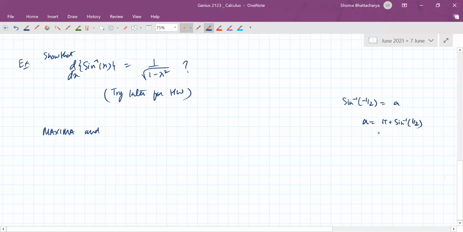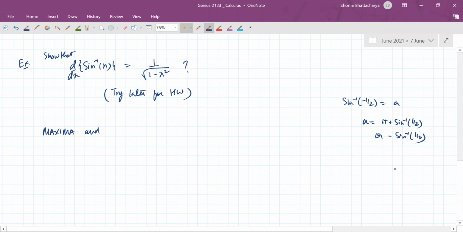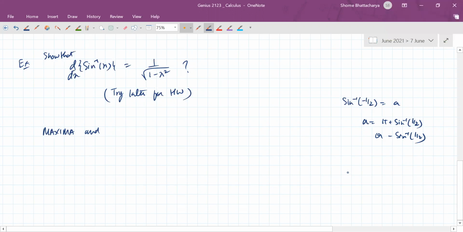Or if it is in fourth quadrant, it is minus of sine inverse of half, or 2 pi minus sine inverse of half. And then accordingly I have to interpret. So we will get a positive value or a value in the first quadrant. Then accordingly, if it is negative, we have to relate it with the third and fourth quadrant.